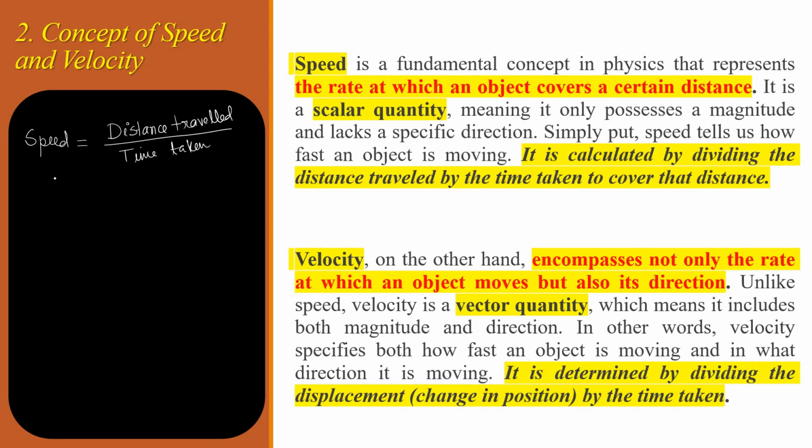If we represent speed as v, we can write distance traveled as delta S, divided by delta T. So what does delta S mean?